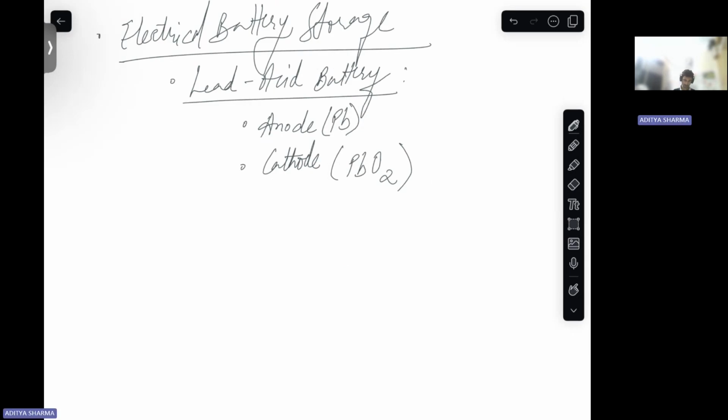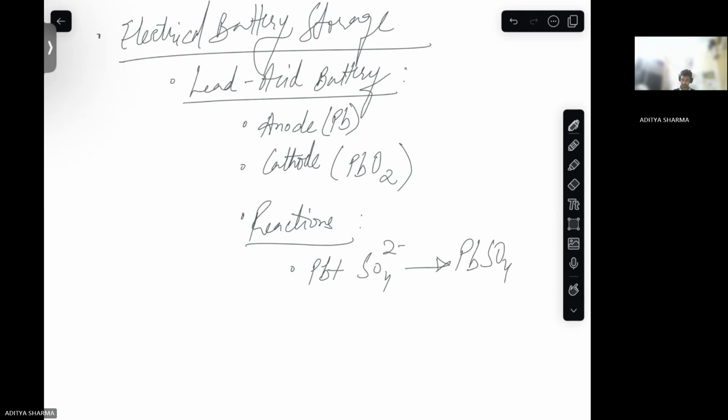Okay. So if you see the reactions taking place, when lead plus sulfate ions gives lead sulfate plus two electrons. Okay. This basically is your oxidation, because here you are getting two electrons.